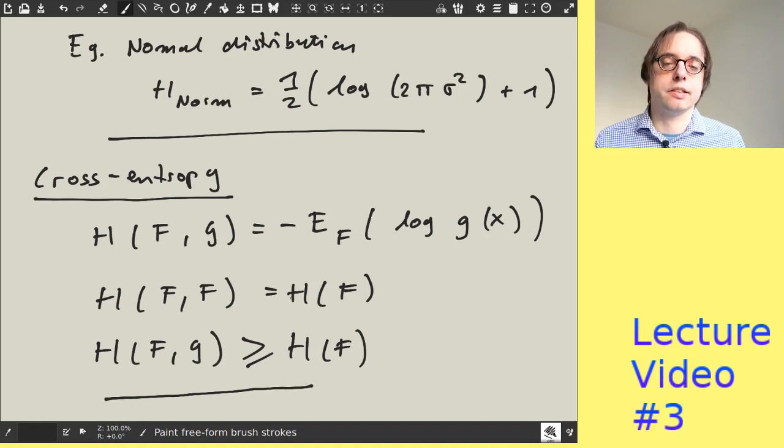You'll find more details about this in the script, but you get the idea. So the idea is we just compute the surprise, but we use two different distributions here.